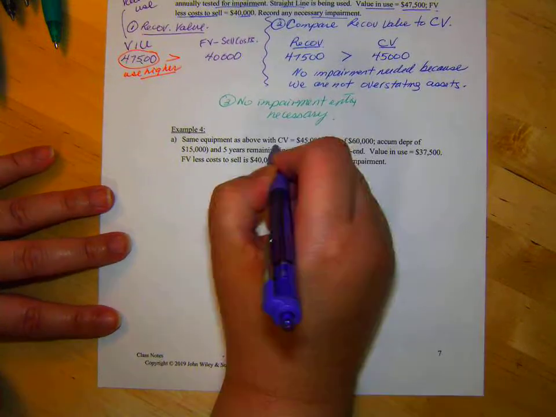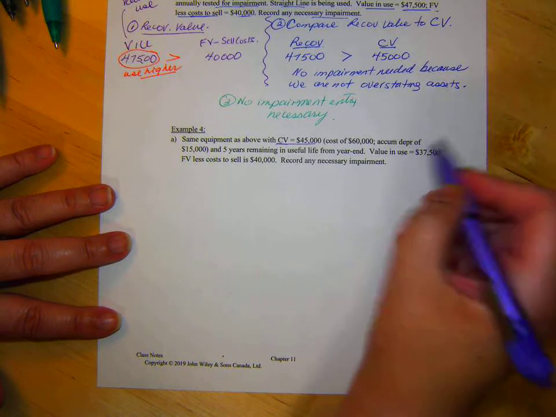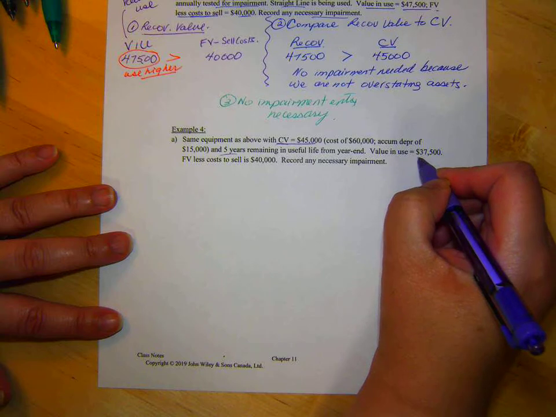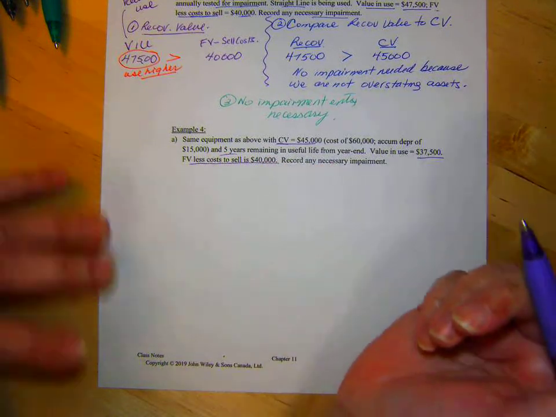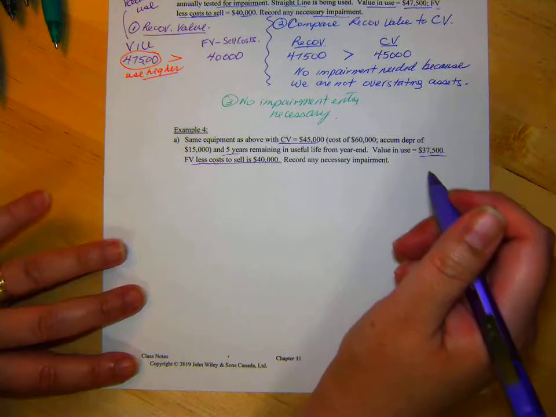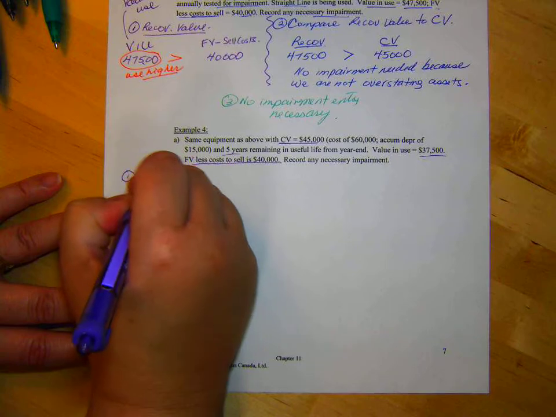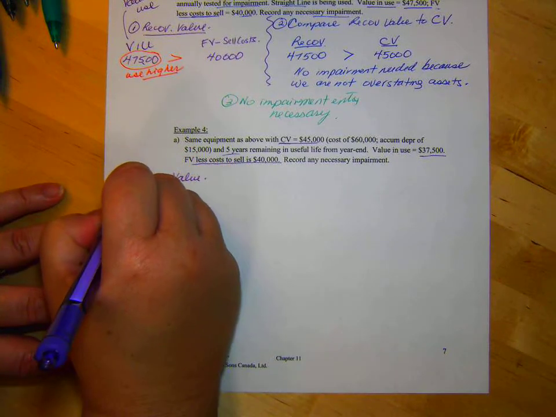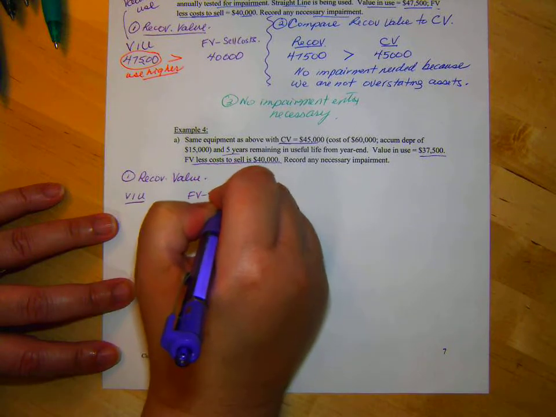Okay, so statement as above with carrying value 45,000. 5 years in life. The value in use is 37.5 and fair value less cost to sell is 40. Record any necessary impairment. So hopefully you've done this. You got the recoverable value, value in use versus fair value less selling costs.